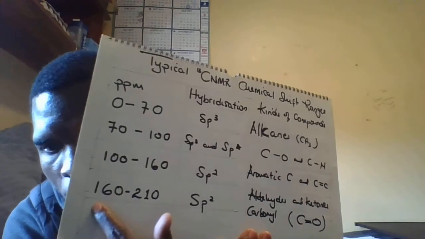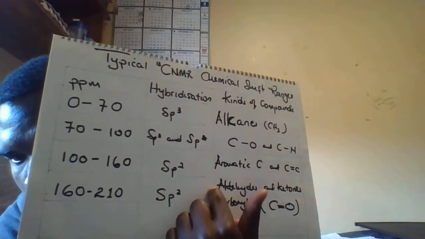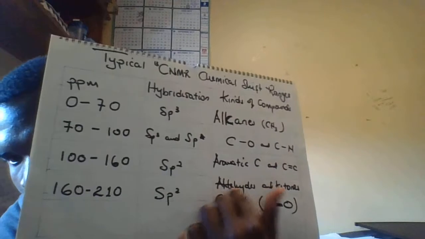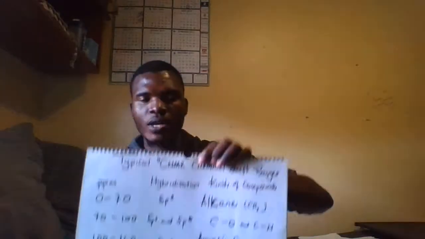Then the last one, between 120 to 210, is for sp2, which is also for aldehydes. This one we cannot also consider because we don't have oxygen in our structure. So let's go to what is happening in our structure. This is the information that we are trying to interpret.